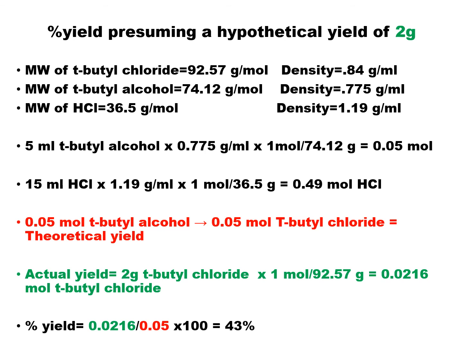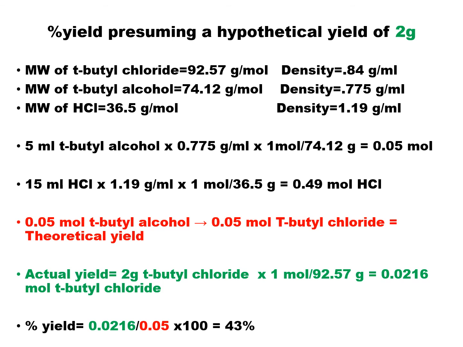You can do the same for hydrochloric acid, and you apply that balanced reaction to calculate the theoretical yield. And finally, percentage yield is calculated as actual yield divided by theoretical yield.